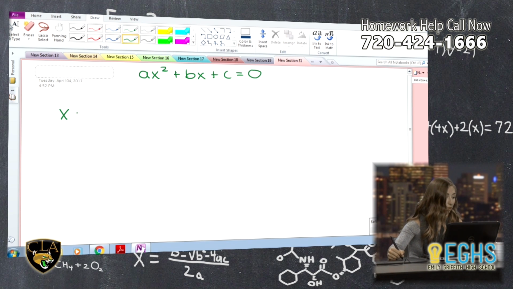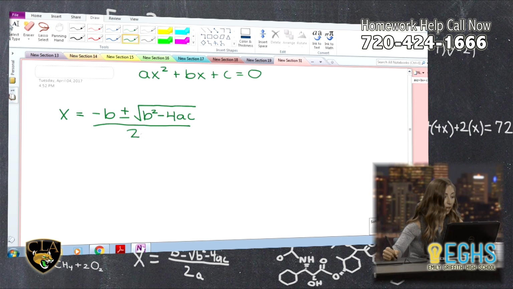We got this: negative b plus or minus the square root of b squared minus 4ac, all over 2a. That's if I did all of the steps to isolate x in this equation up top, I would come out with this. And so what we do is we use that quadratic formula almost like a shortcut. Let's not do all those steps to isolate x.